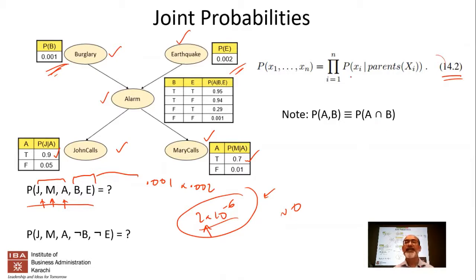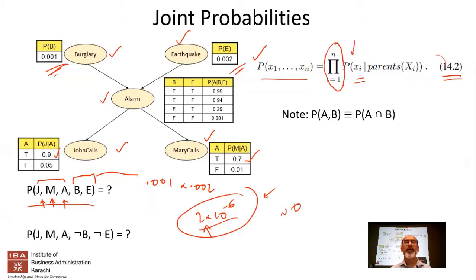What it basically says is that for each one of these values, you take the conditional probability with only their parents. So this is an important thing. It's not completely intuitive, but this is an important theorem. It's a product, first of all.